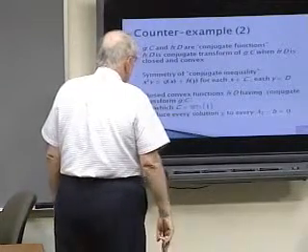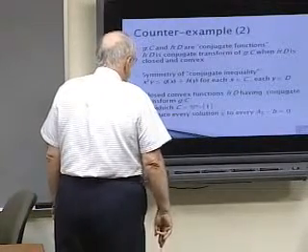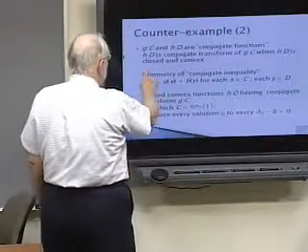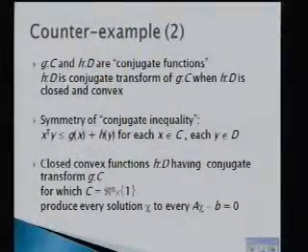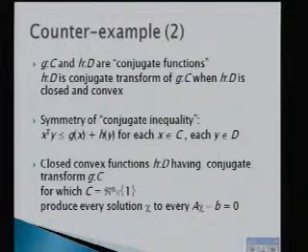Okay. Now, incidentally, you can see that symmetry here. If you look at the defining equation for g in terms of h, remember what g is. It's the sup of that expression minus h. If you take any particular x in C and y in D, then that expression that you're souping has to be less than or equal to g of x.